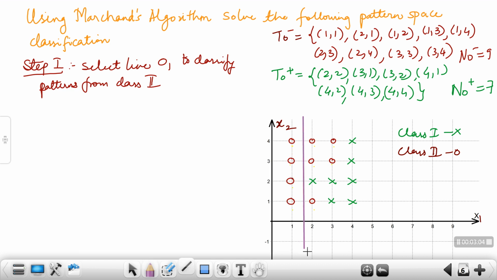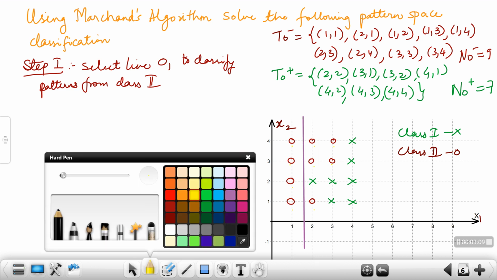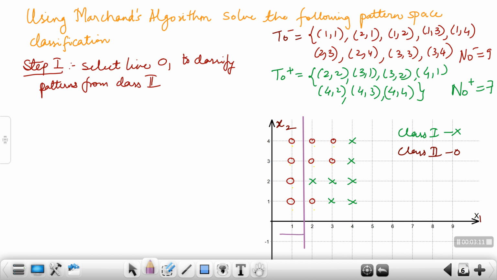So a line I select here. Whatever is on this side of the line will be classified. This is named as line O1, and whatever is on the left hand side of the line will be classified.